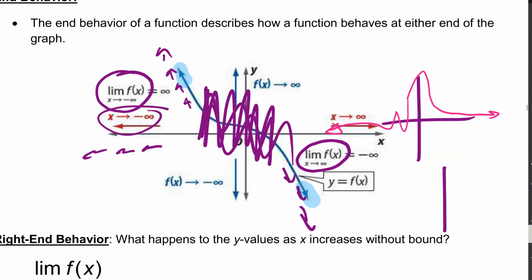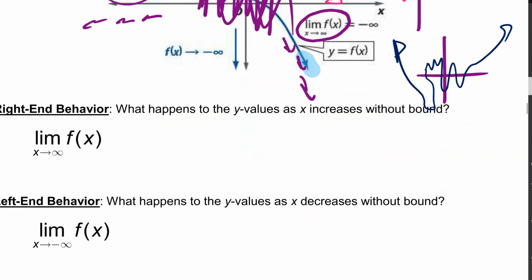Versus if I would have a graph that looks like this, and who cares about the stuff in the middle, and then goes up this way. My two end behaviors, just looking at the ends, toward infinity: up, versus the one in the pink, leveling off horizontally towards 0, versus going up towards positive infinity or down towards -infinity. Okay, we're going to have some practice.